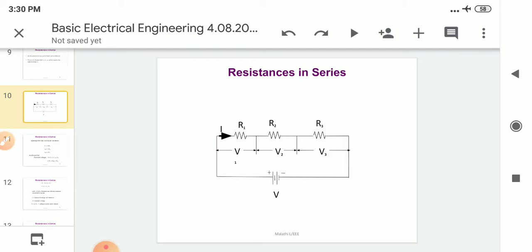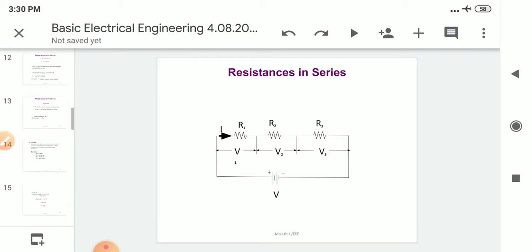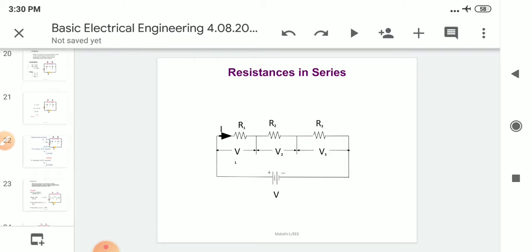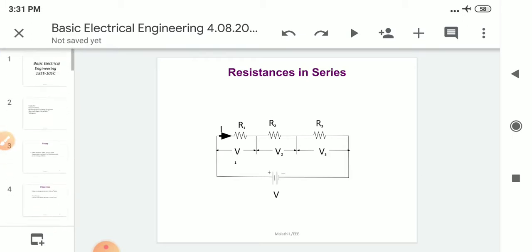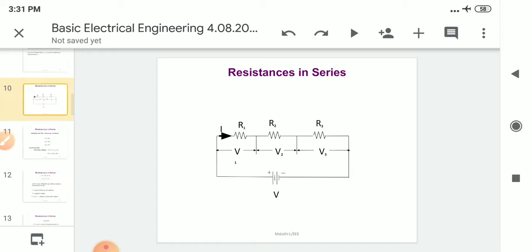For example, if any one of the bulbs or any one is removed, then the electrical circuit stops operating.